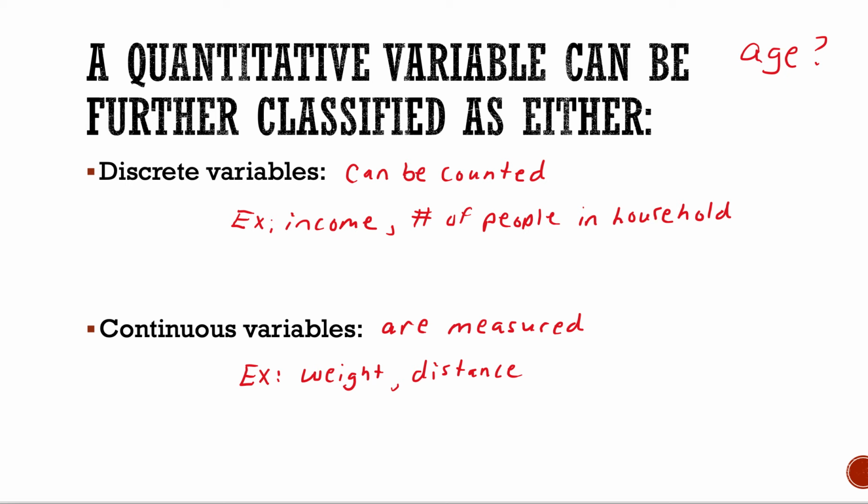Okay, so let's go back to age with that in mind. Let's say that I ask a student how old they are, and they tell me 17. Now, does that mean that that person is exactly 17, or could they be a little bit less, or could they be a little bit more?